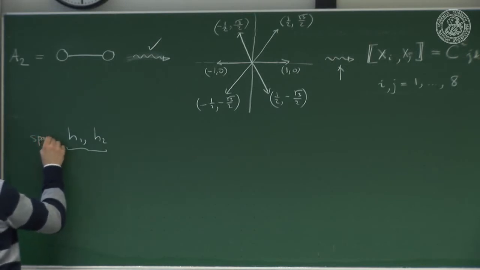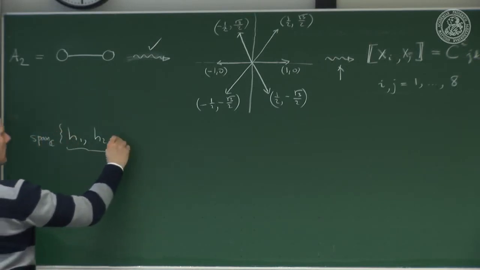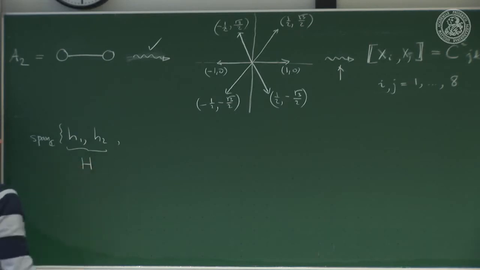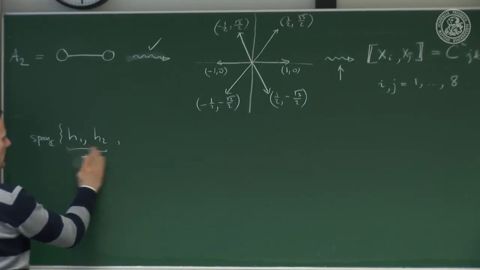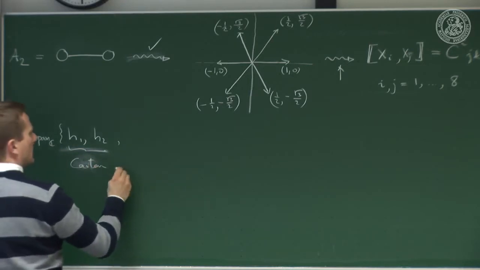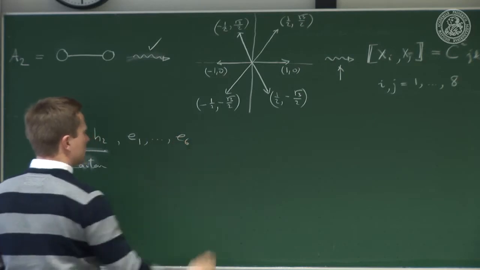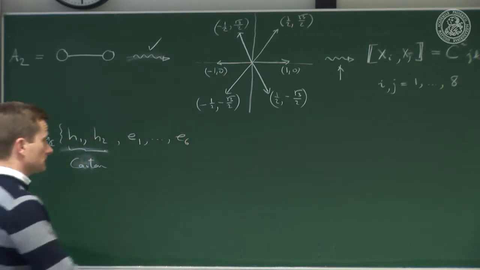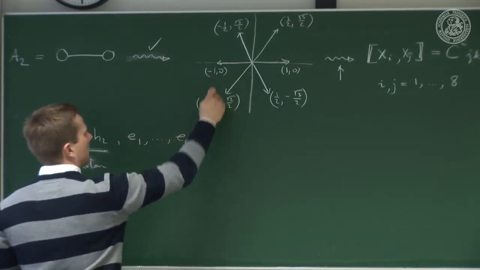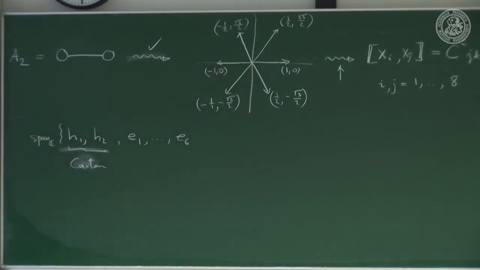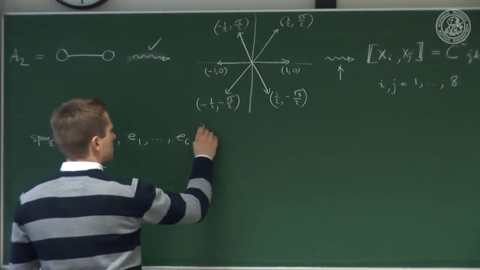So if you write here the span over C, then we have here the Cartan subalgebra spanned. And then we have e1 to e6. We have 6 vectors. Those are the eigenvectors corresponding to these root eigenvalues.